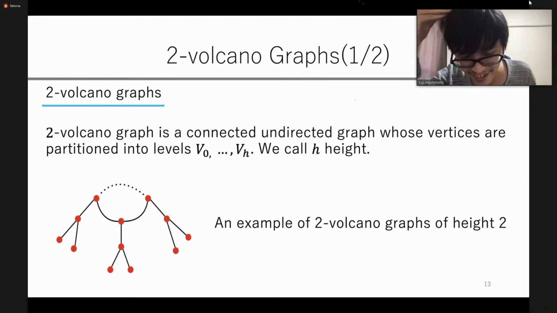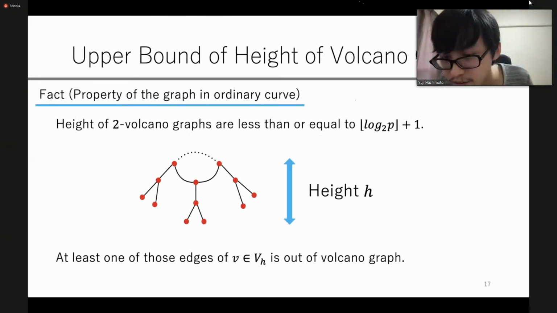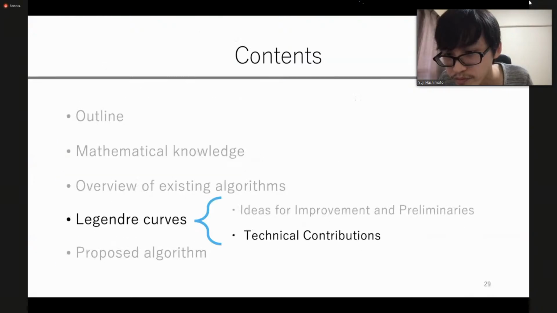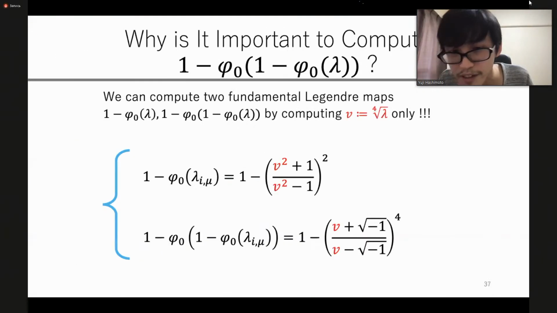But then my second question would be, could you please go to slide number 37 in your presentation? What we see here in the topmost formula is actually just the second iteration of the map 1 minus phi 0 applied to lambda.